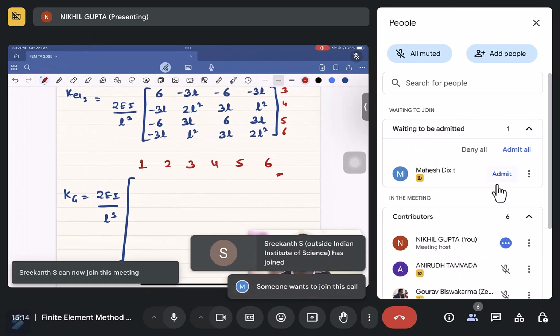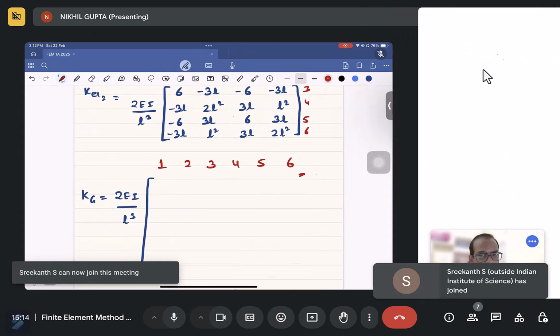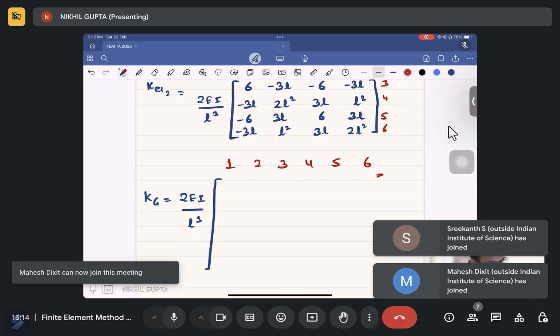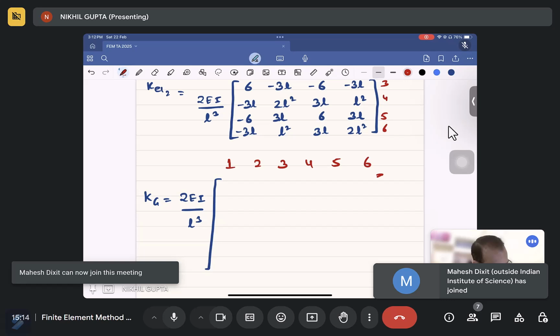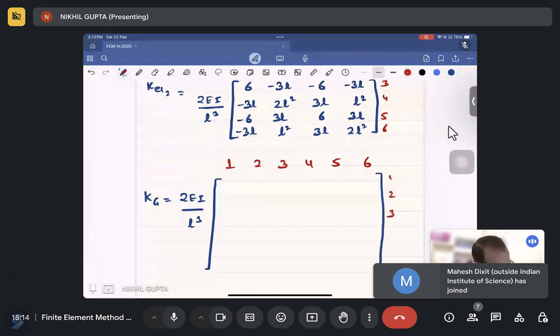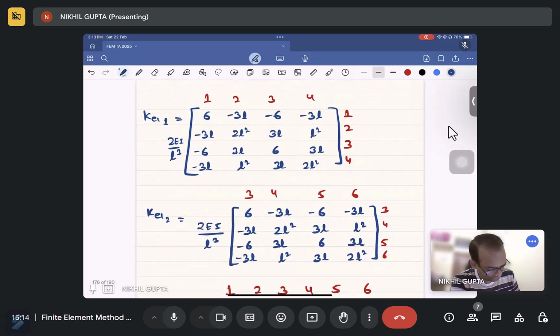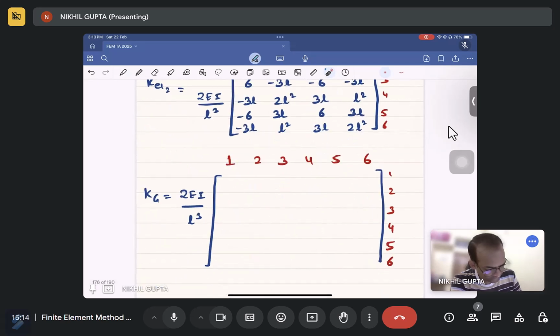Okay, so now we'll write here 1 2 3 4 5 6. Okay, so when we combine this, we see 1 1 is in this one, so it will be 6 here.